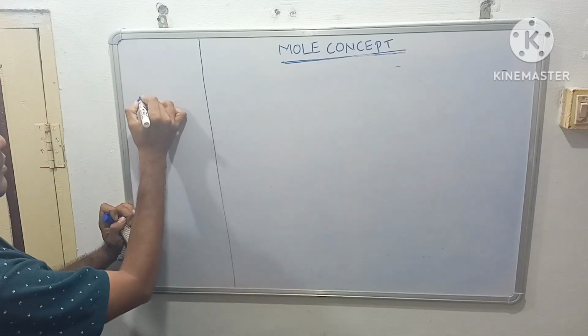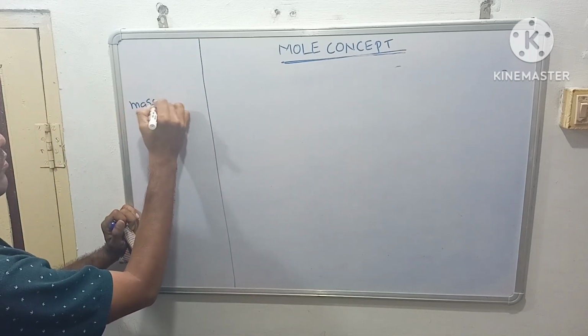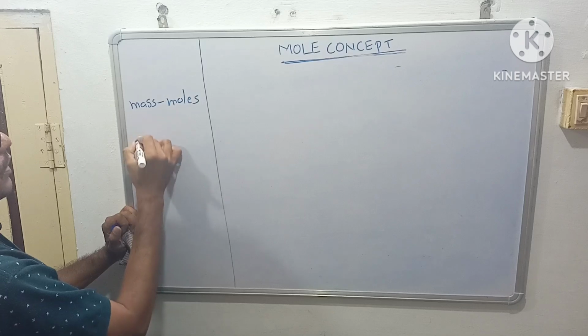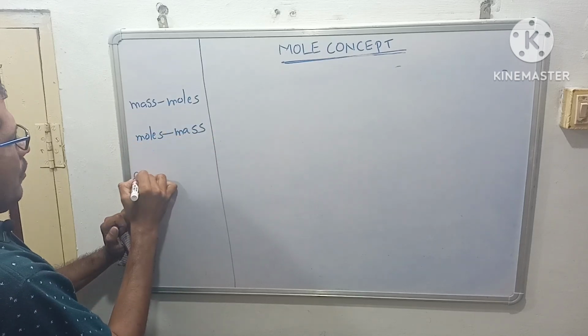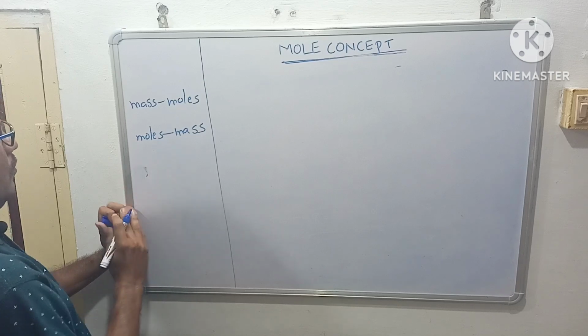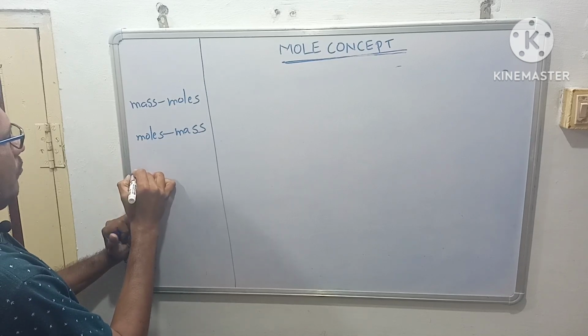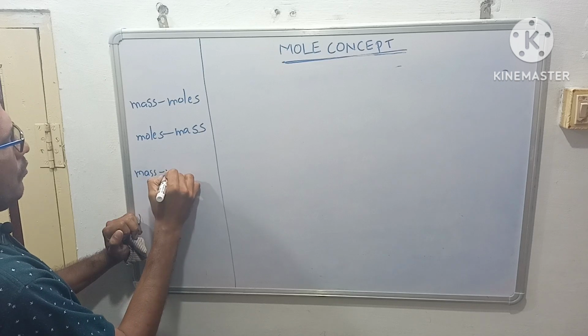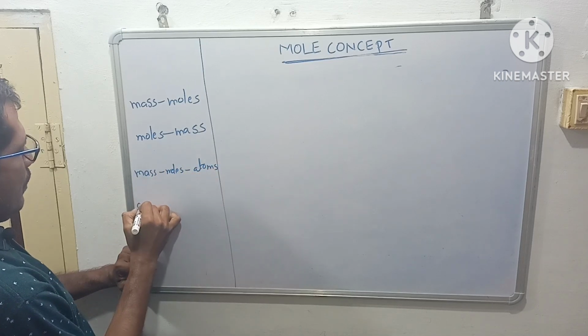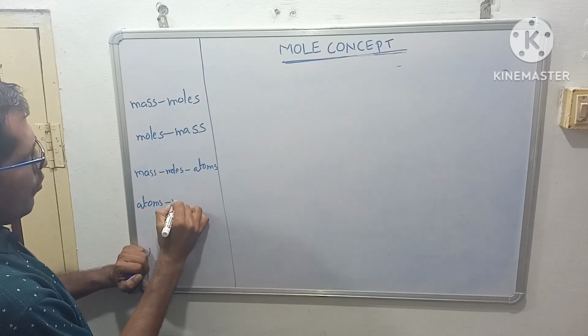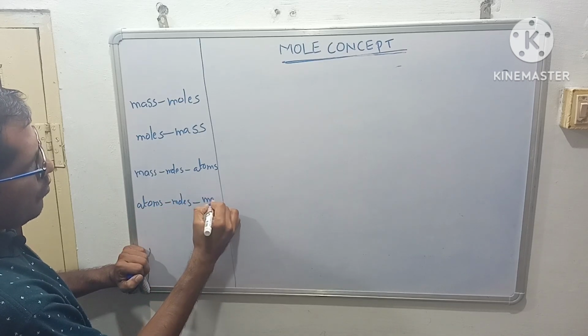So we have 4 paths. The first one is mass to moles. The second path is moles to mass. Another path is mass to moles, moles to atoms. Another path is atoms to moles, moles to mass.